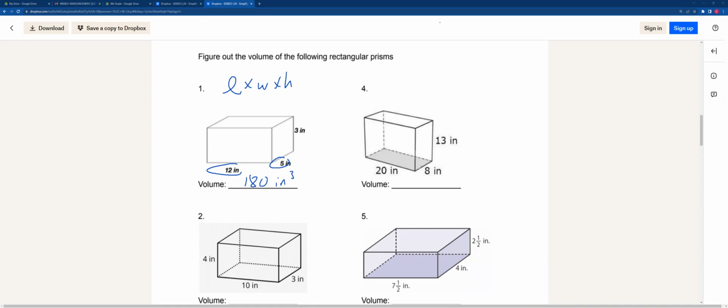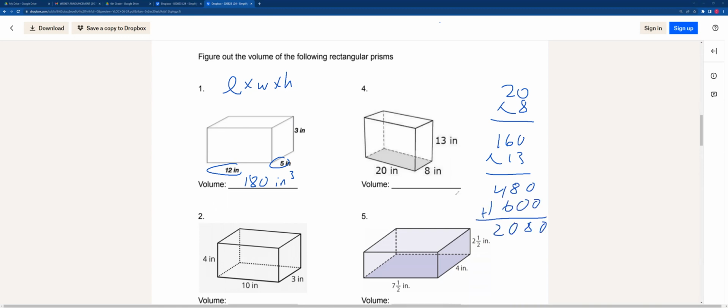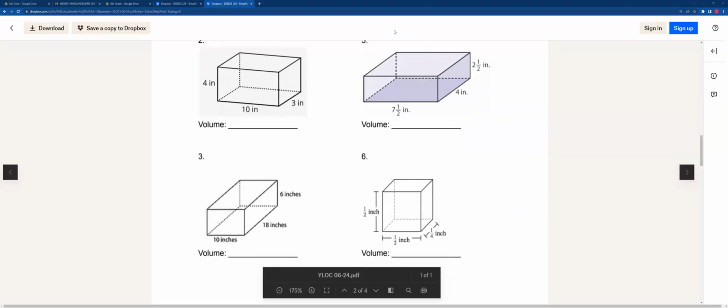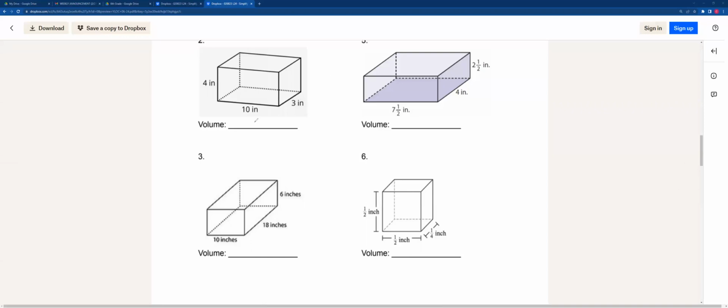For this one, 20 times 8 will be 160 times 13, 2080 inches cubed. So you just have to multiply everything basically. This one, 4 times 10, 40 times 3 is 120 inches cubed.